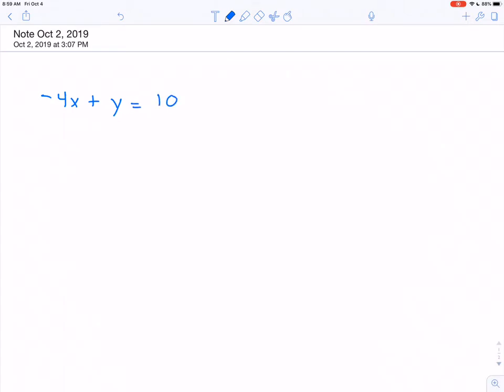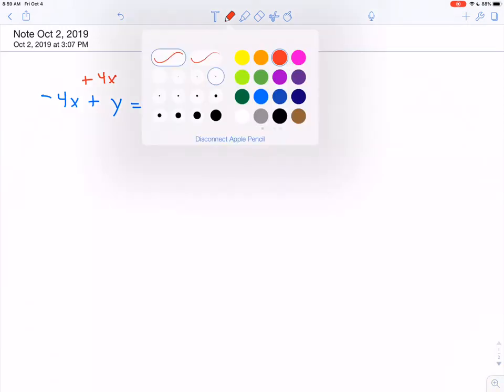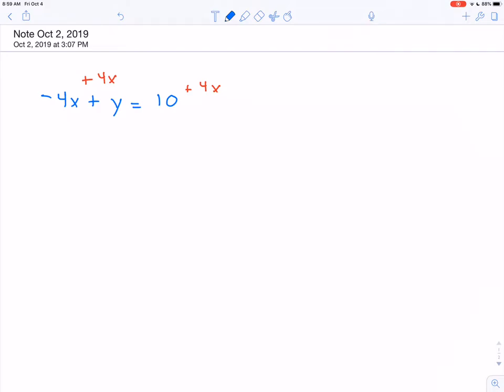Now again, to get slope-intercept form, it just means I have to solve for y. So if I wanted to get y by itself here, I would add 4x to both sides. And this equation would become y equals 4x plus 10.